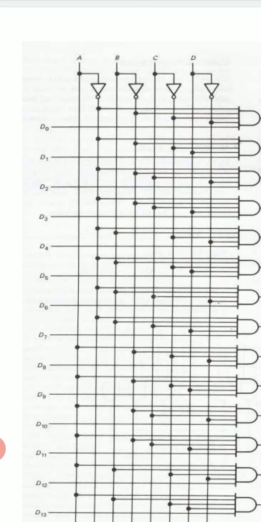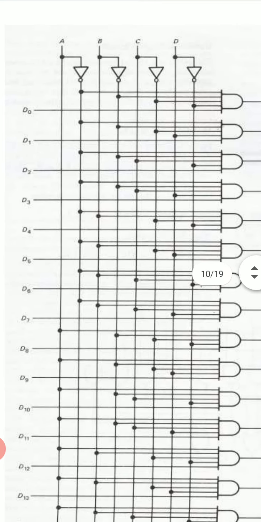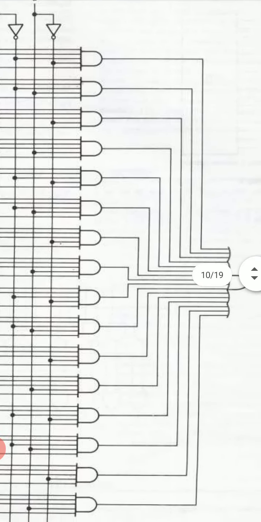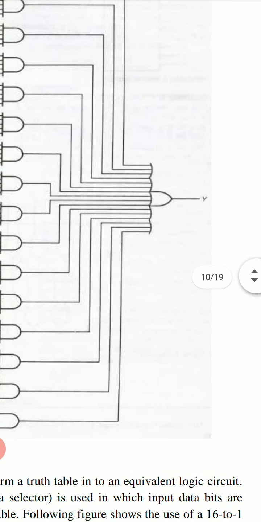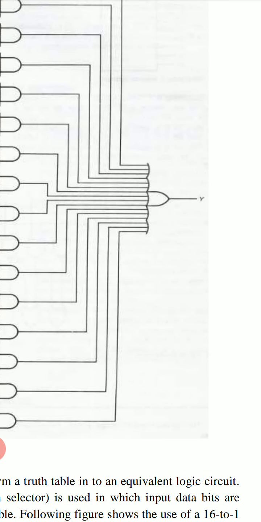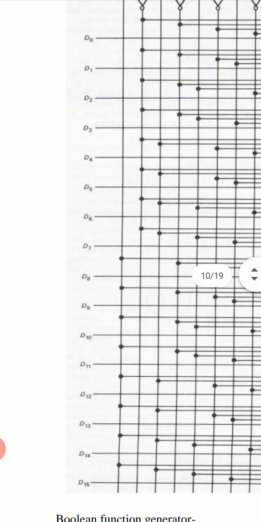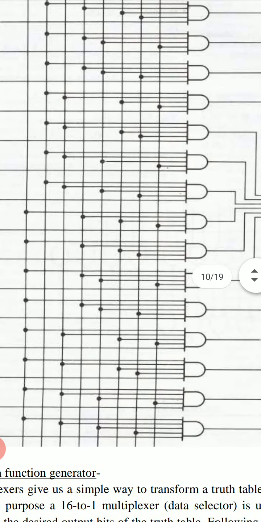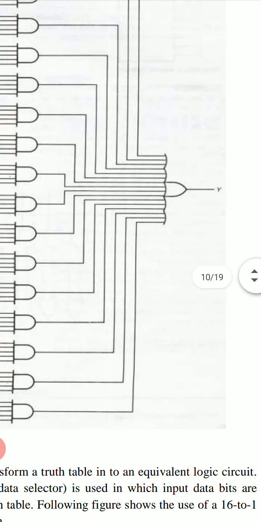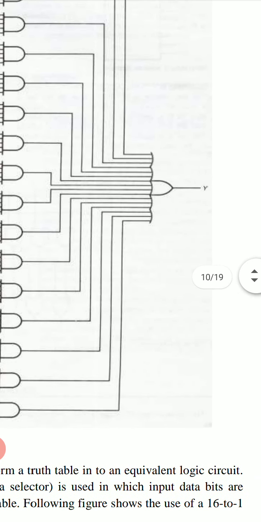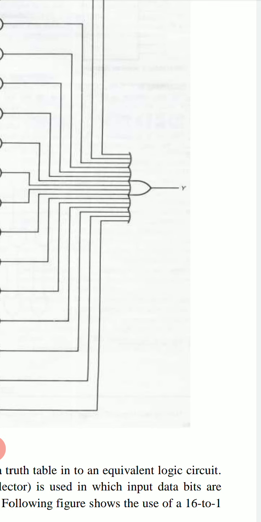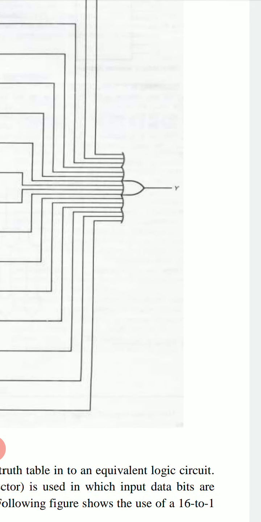This control word ABCD controls and determines what will be the output of this circuit Y. Only one of these 16 input bits will be transmitted from this circuit and obtained at this output Y.